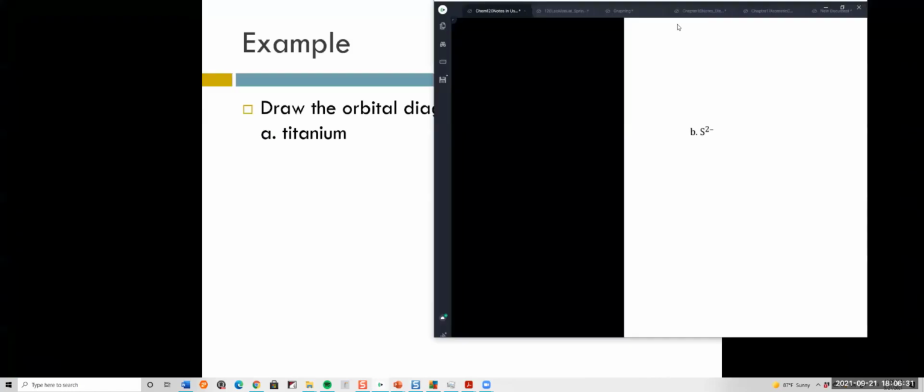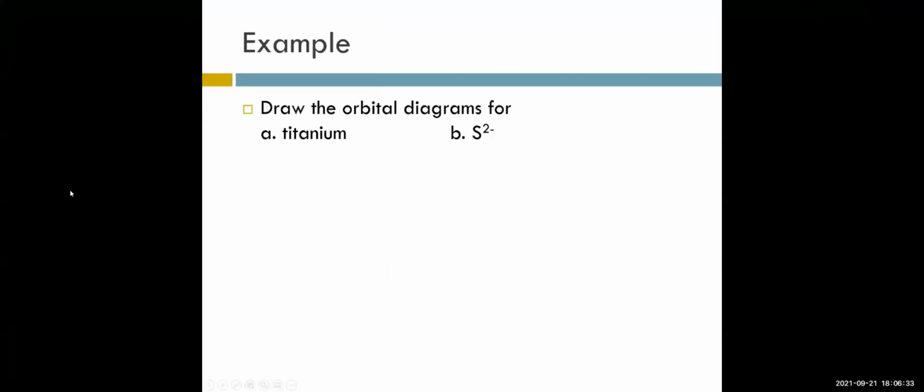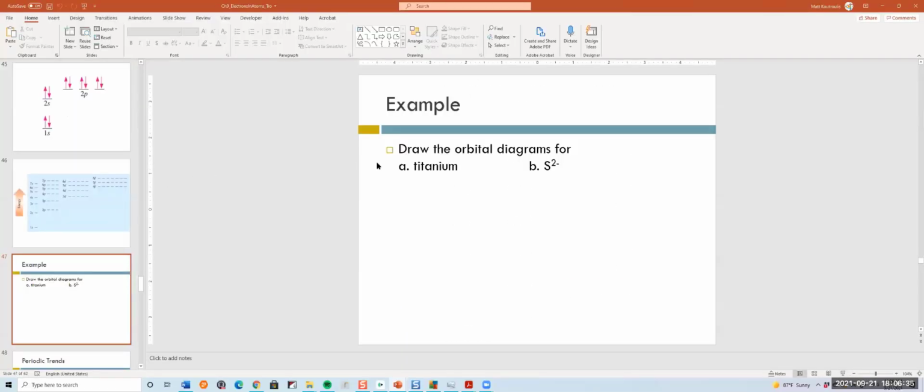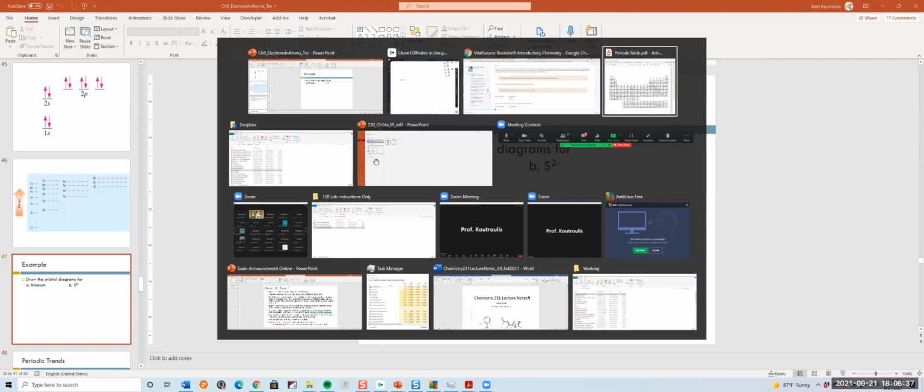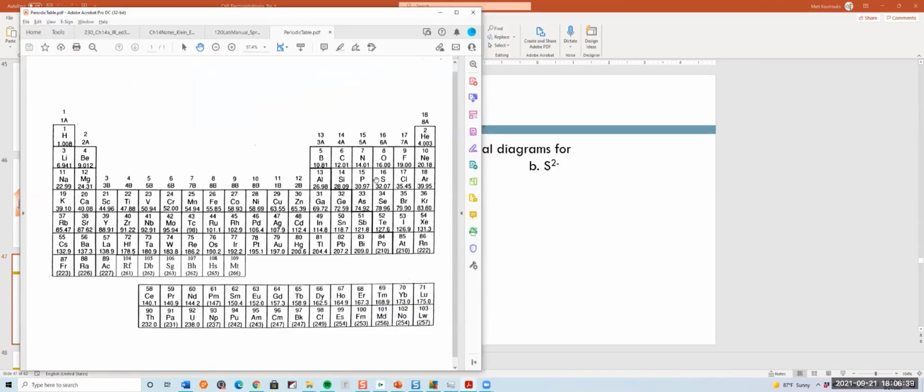Now, what is S2 minus? Sulfur, if we look at it on the periodic table, I will use a shortcut notation for this one. So let me just say neon.